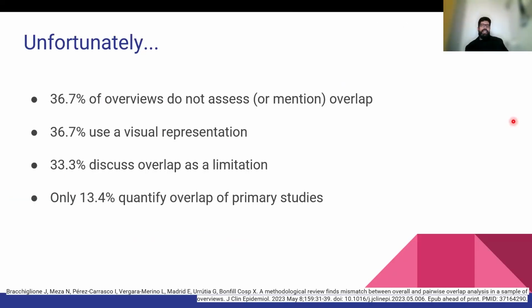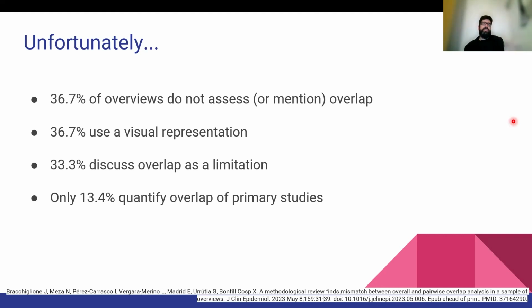But what's the reality now when talking about overviews? Almost a third of authors don't even mention overlap within their methods, results or discussion. Almost a third use some kind of visual representation, for example, a diagram or a matrix.